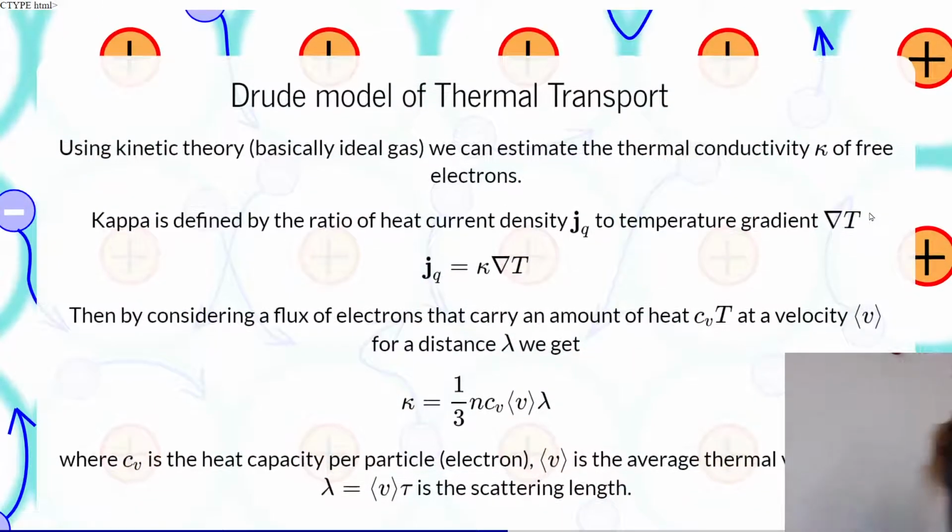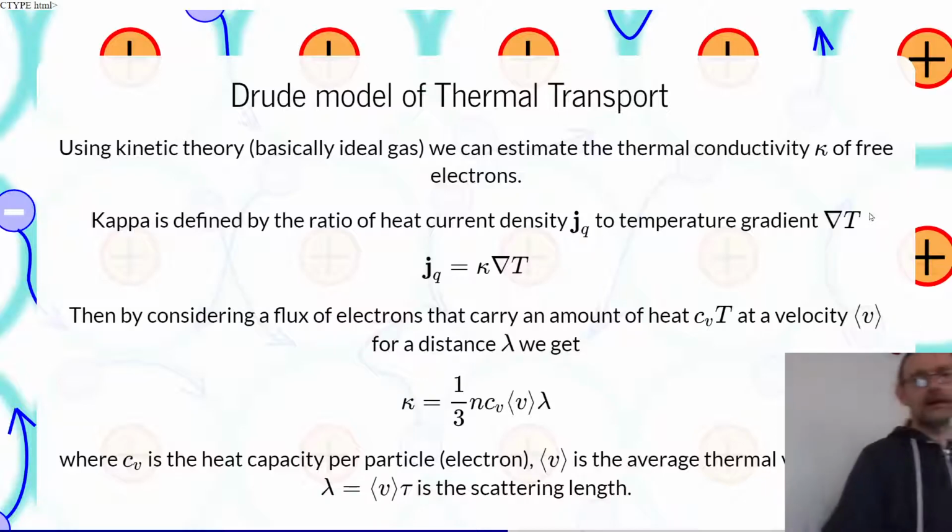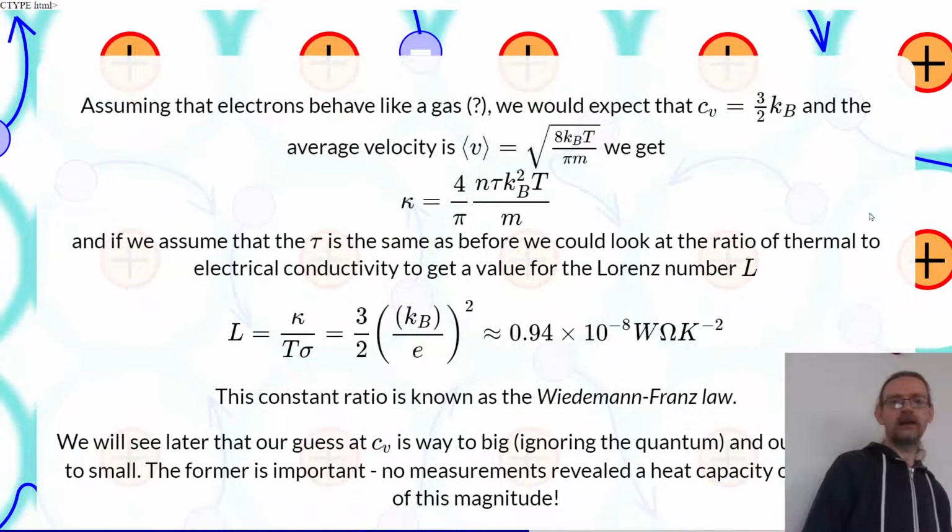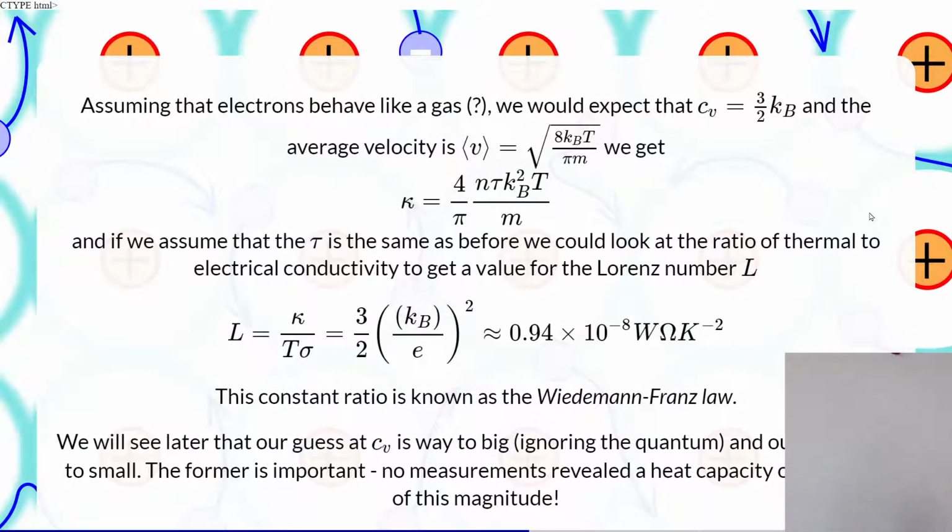And this kappa again is this proportionality between the current and this time the temperature gradient instead of the potential gradient, the electric field. And what you get in the end, just take the result, is that the proportionality between the thermal current and temperature gradient is given by this expression.